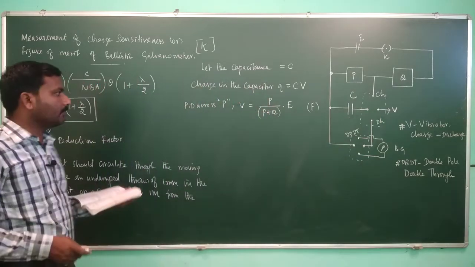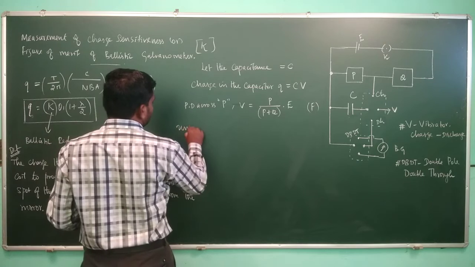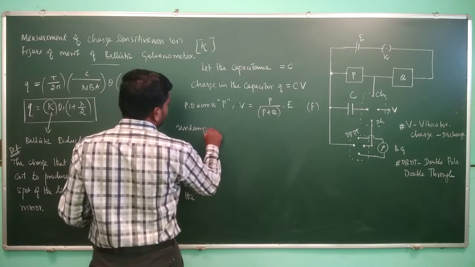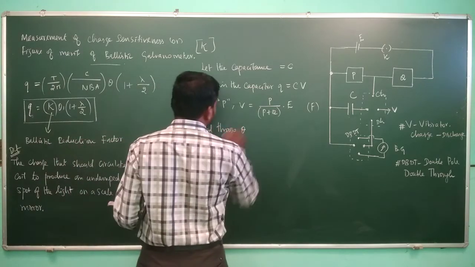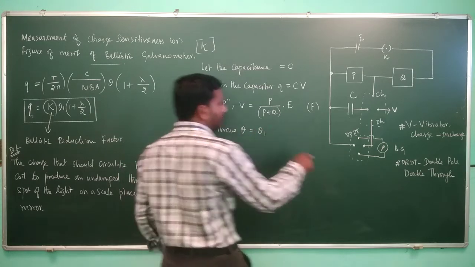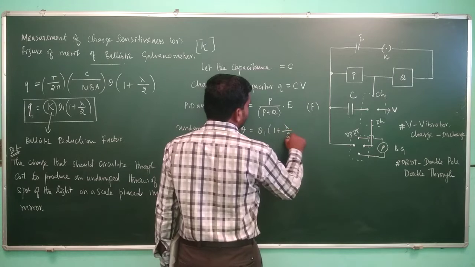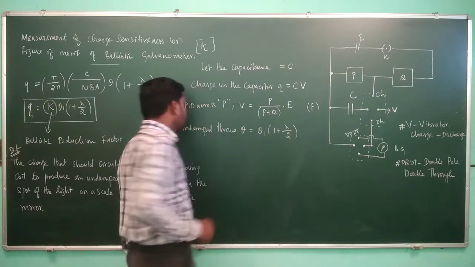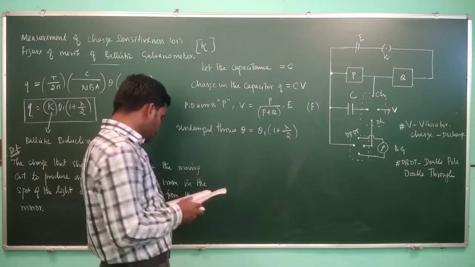What is the equation for the true, undamped throw? We can measure the throw, and the measured throw is theta 1. So theta 1 multiplied by 1 plus lambda by 2 will give you the undamped throw. Okay, we can get that also.